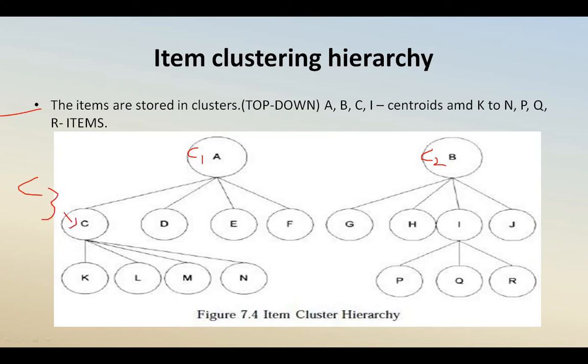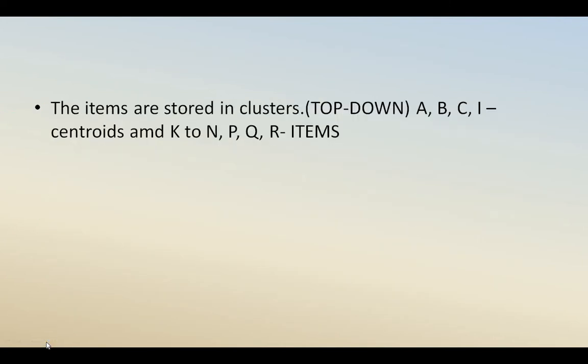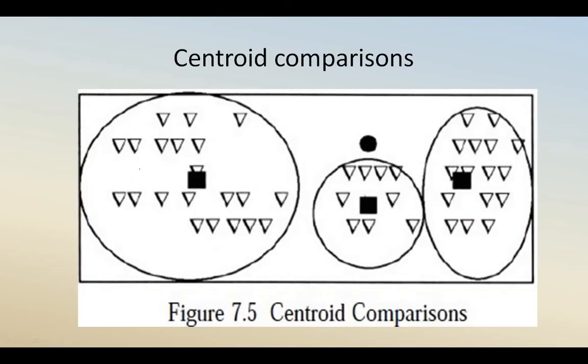So like this we have three different centroids. Now let us see the query: this is the query, this is centroid 1, this is centroid 3, and this is centroid 2.